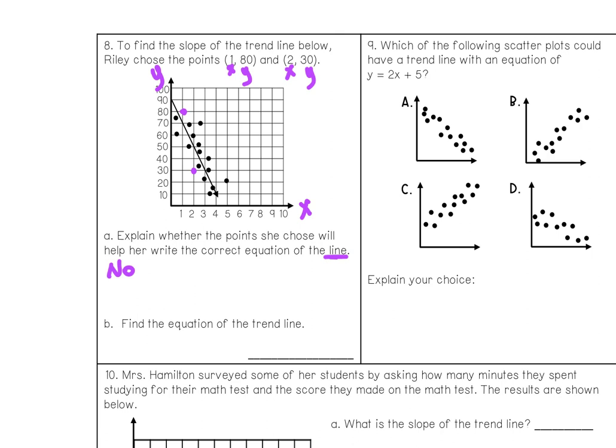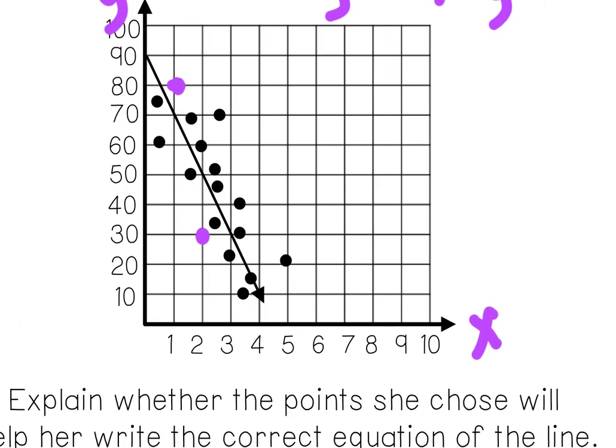So now go ahead and find the correct equation. So now pick 2 points that are on the line and then go from there. I would pick this one and this one. Always try to pick 2 that are close together so you don't have to simplify as much. Go ahead and count your rise, your run. Make sure you know if it's positive or negative.